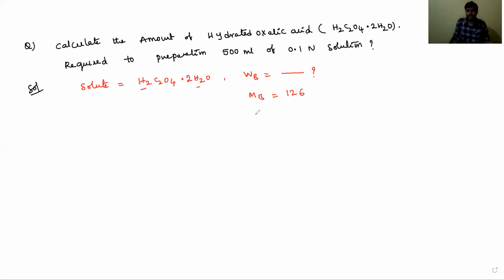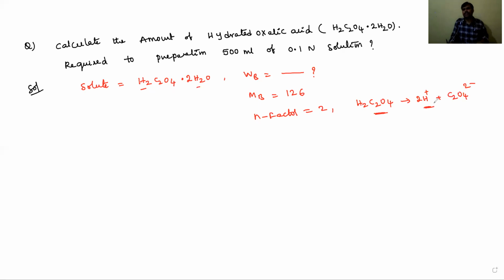And the n factor of H2C2O4.2H2O is equal to 2. Why? Because H2C2O4 is a dibasic acid. It can be ionized to give 2H+ ions plus C2O4 2-.